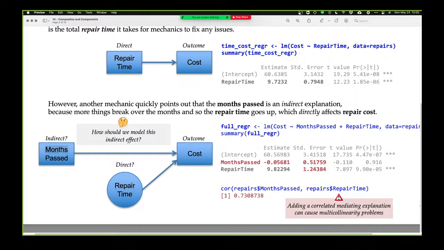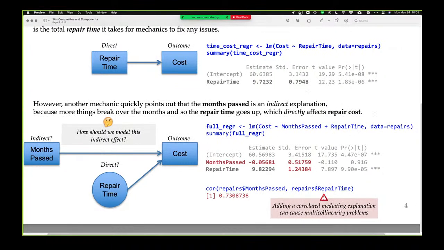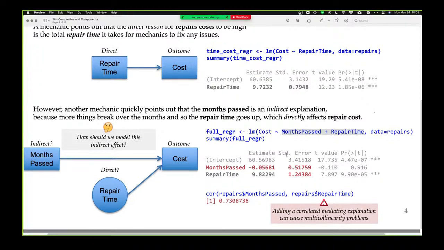Yes, the number of months that have passed is an indirect explanation and the repair time is a direct explanation, but they're both explanations of cost, okay? So this might be a tempting way to model the problem, is to regress cost over months passed and repair time together, all right? And if we do that, here are the results.